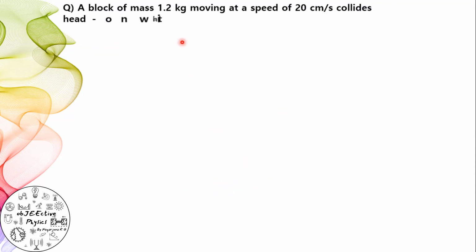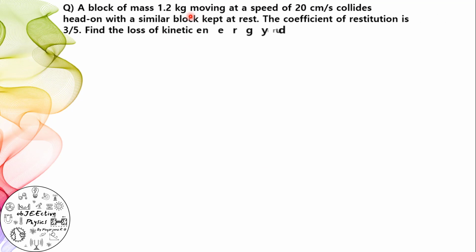Next question. A block of mass 1.2 kg moving at a speed of 20 cm per second collides head on with a similar block kept at rest. The coefficient of restitution is 3 by 5. Find the loss of kinetic energy during the collision.